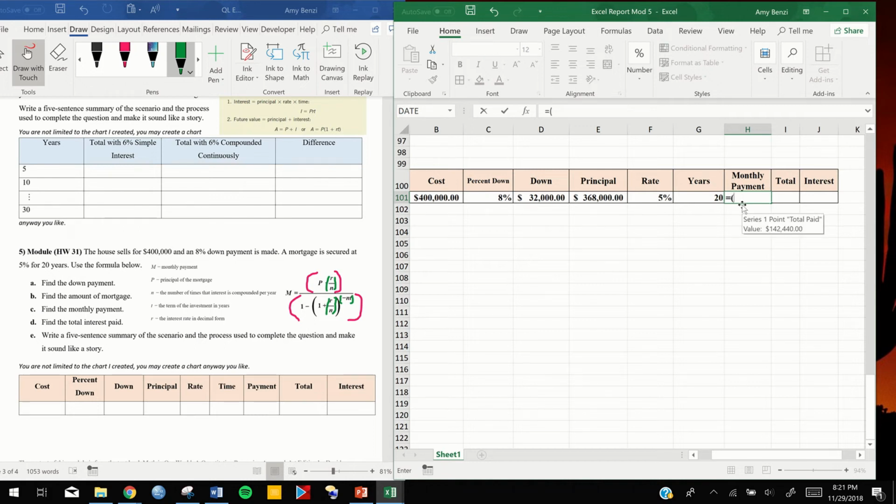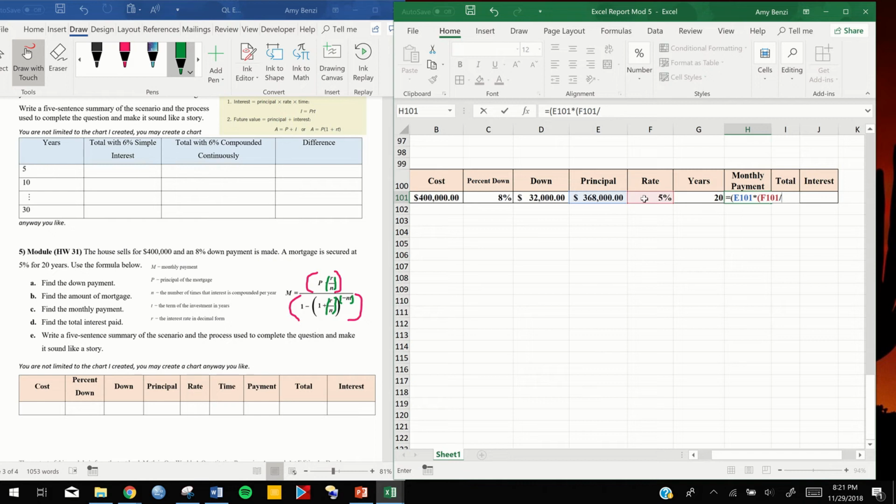So here are my parentheses that I just wrote over here on this document in red. That's going to be the principal times, like I said, I like to put parentheses around my fractions, times the rate divided by n, which is how many times it's compounded.